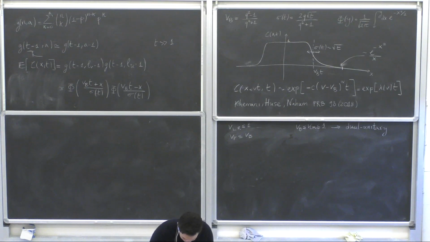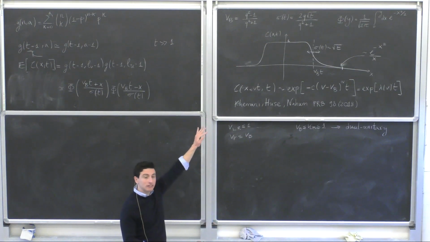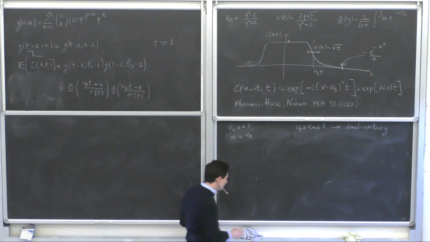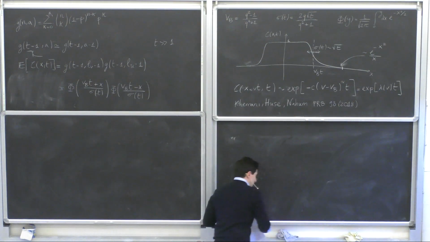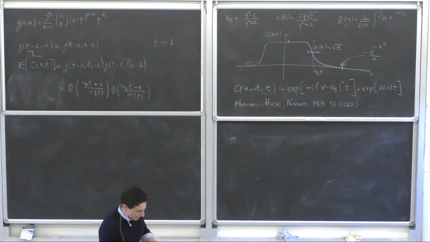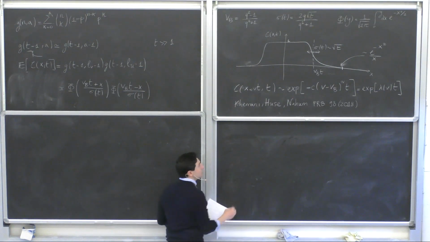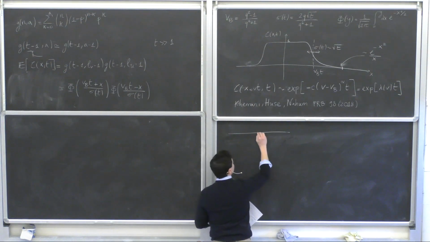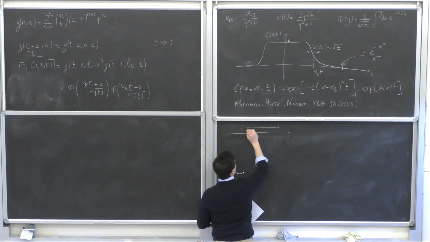Okay, so now let me give you an intuition of how we can understand that plateau in the bulk, which is equal to 1. Let me take a very simple picture. We imagine that we start from some operator here at position 0, and this operator will simply spread.